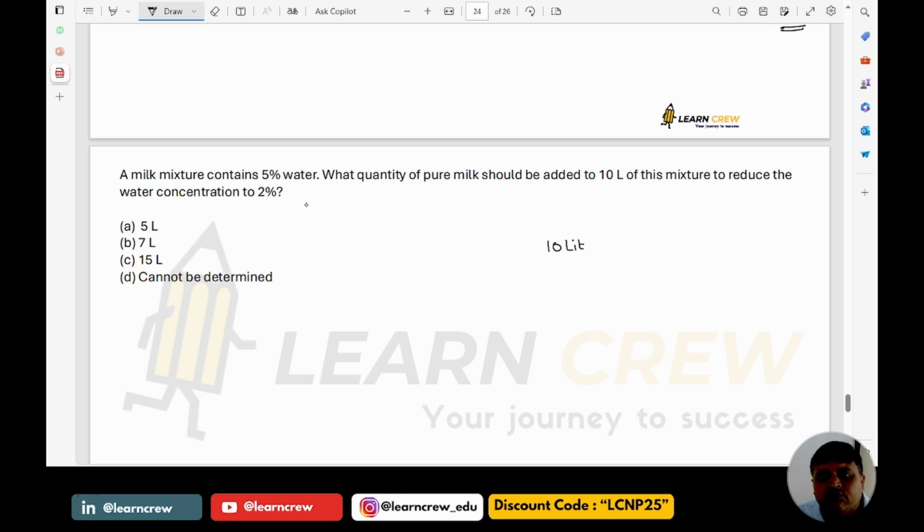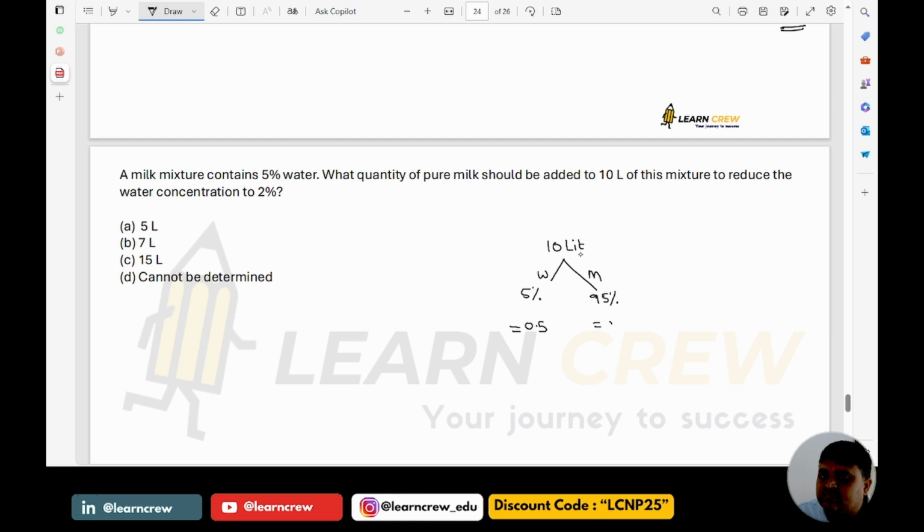In 10 liters, 5% water means the remaining 95% is milk. So 5% of 10 is 0.5. And the remaining would be how much?